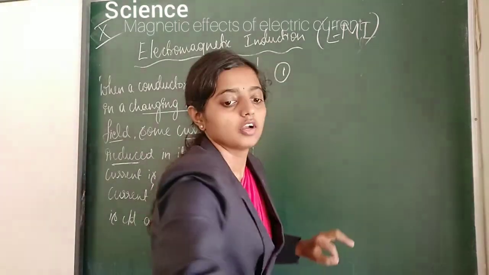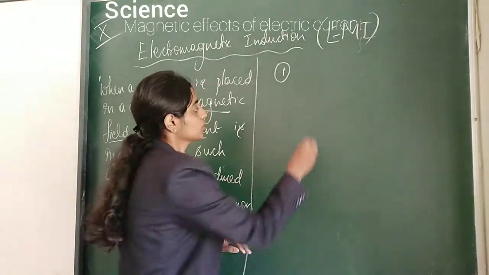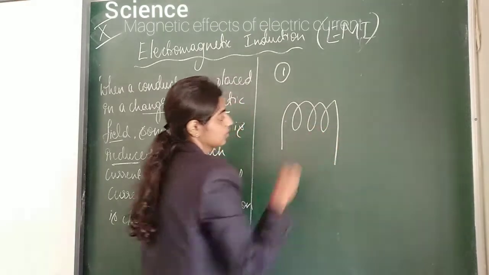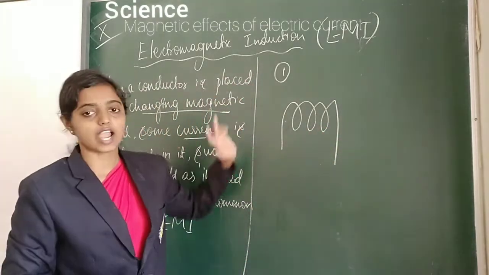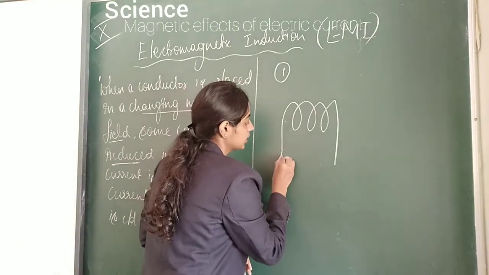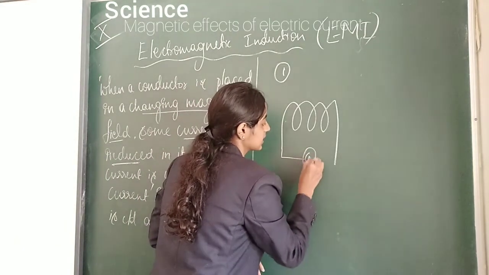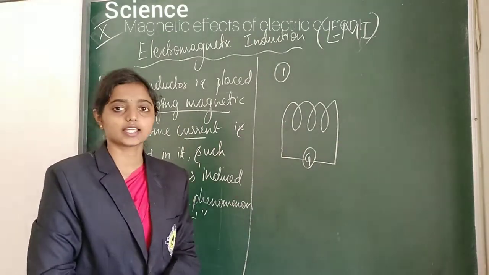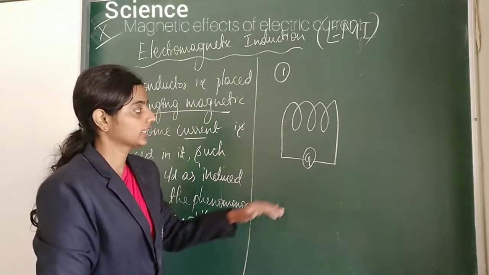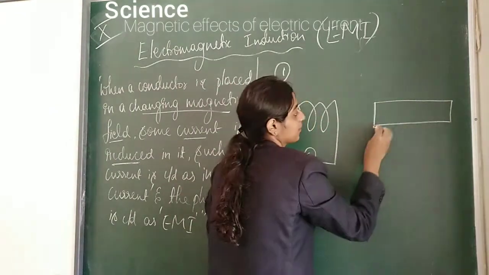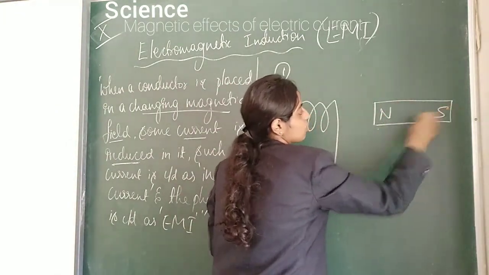Here Michael Faraday took one coil. So this is our first activity. He took one coil, and to that coil he connected a galvanometer. And the next part is he took one magnet which has north and south poles.